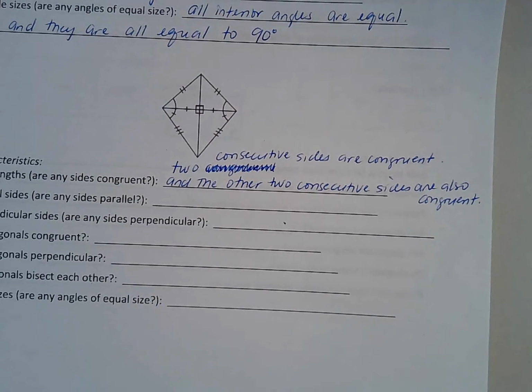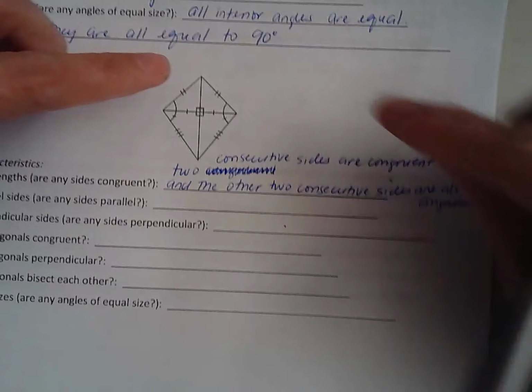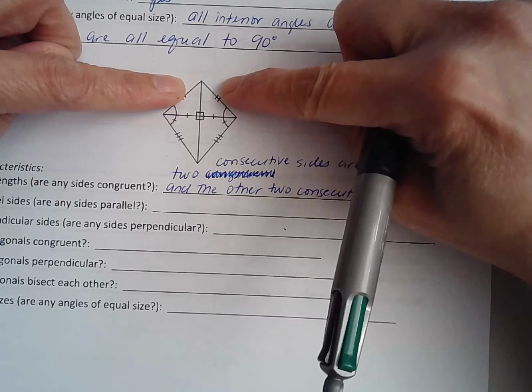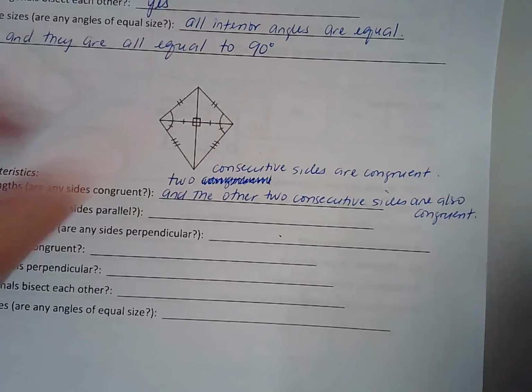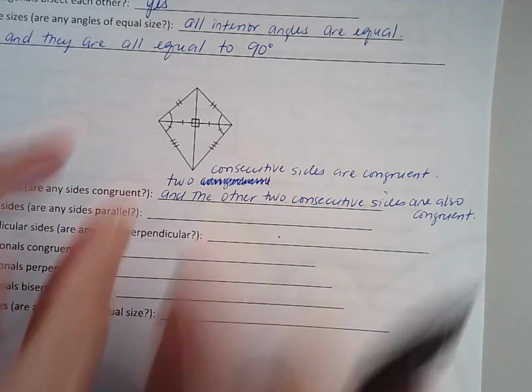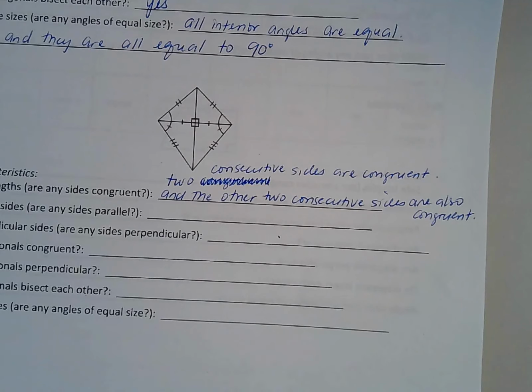So these two consecutive sides are equal to each other in measure, and then the other two consecutive sides, meaning one after the other, are also congruent.